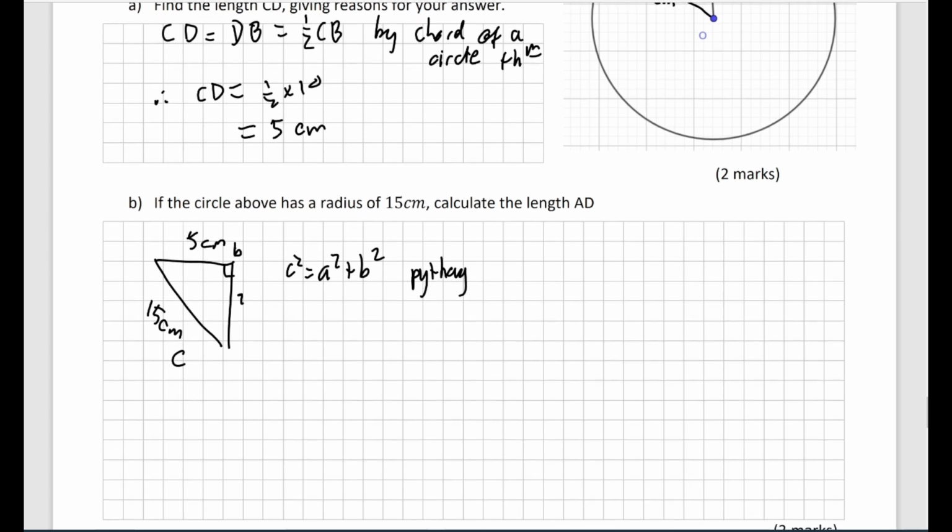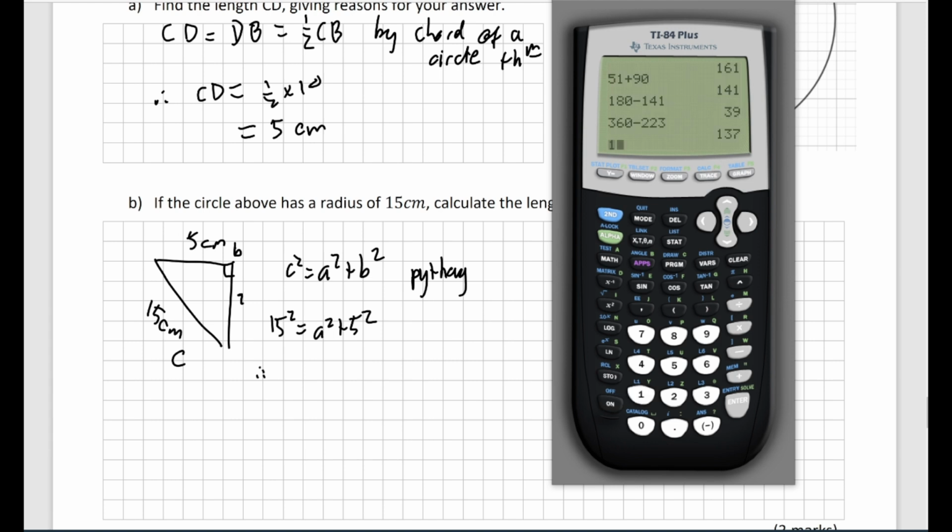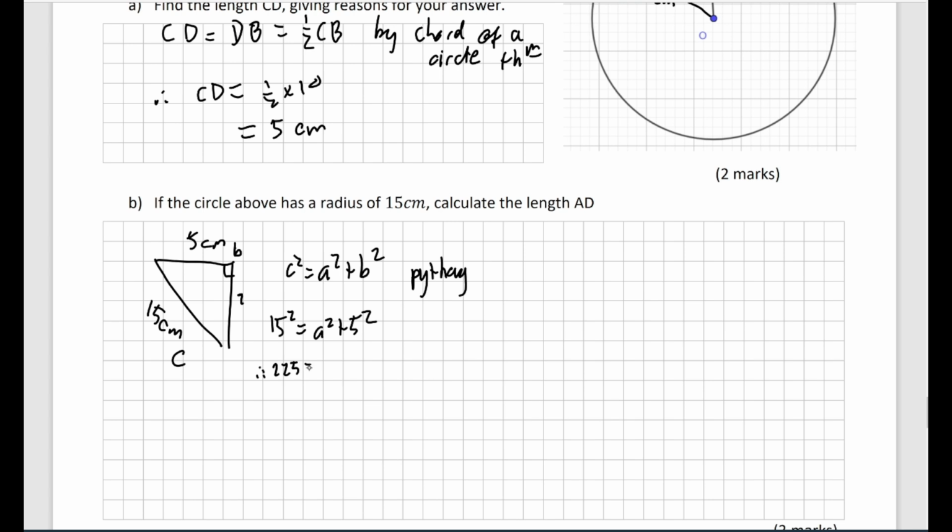All right, so 15 squared equals A squared plus 5 squared. 15 squared, I believe, is 225. 225 equals A squared plus 25. Therefore, take 25 from both sides, you get 200 equals A squared. So A equals square root of 200.